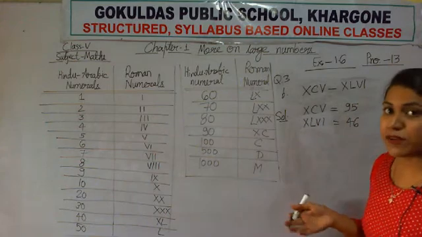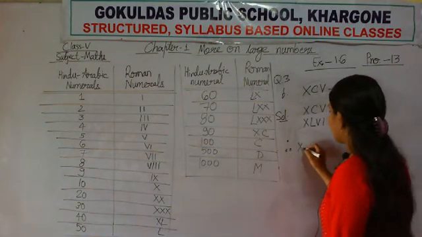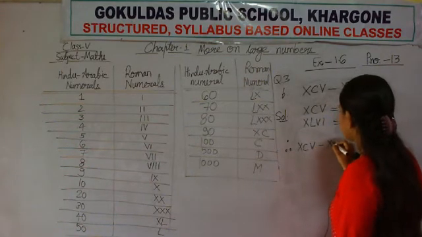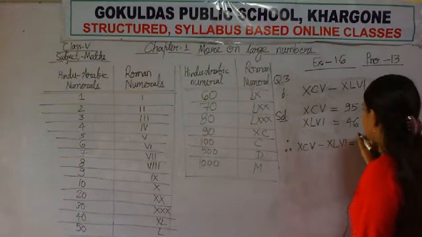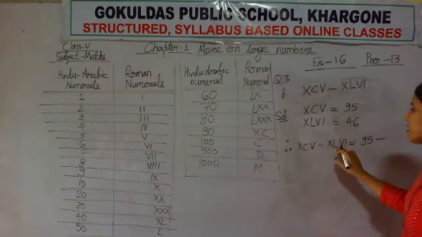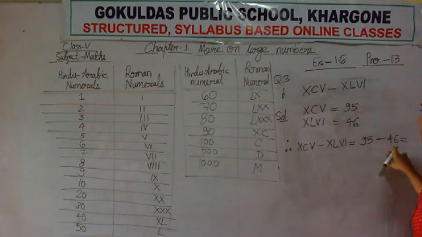So you can subtract 46 from 95 easily. Therefore XCV minus XLVI equals, XCV means 95 and XLVI means 46. Now subtract it. 95 minus 46.